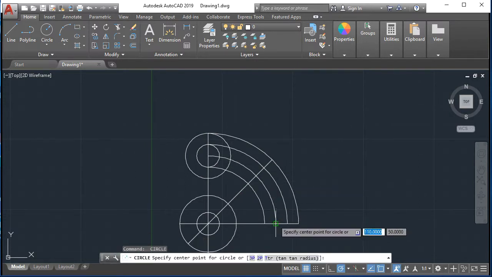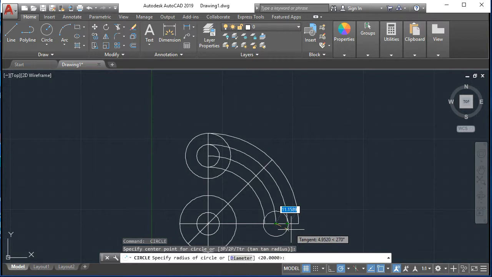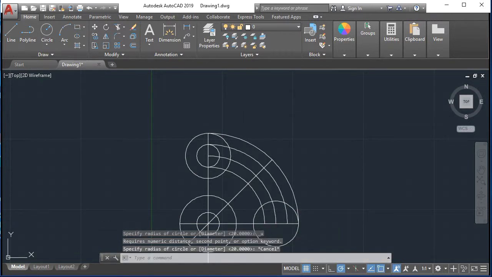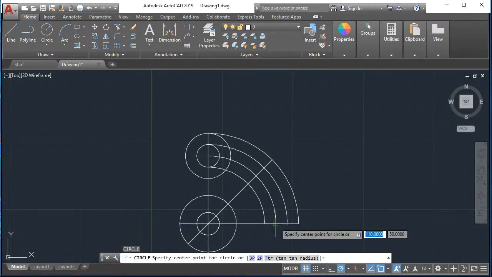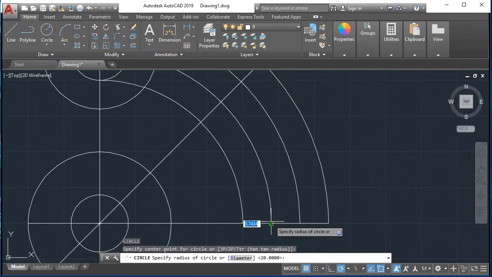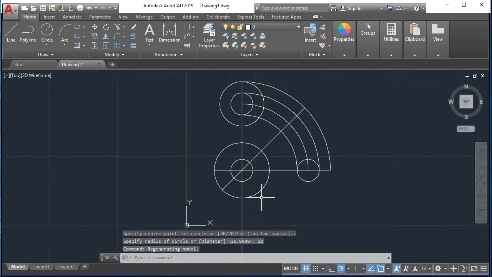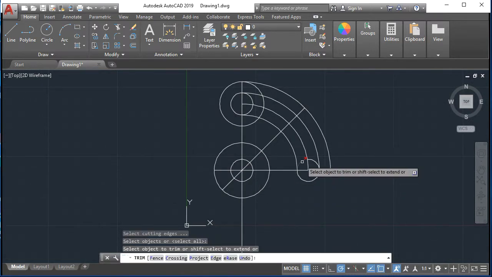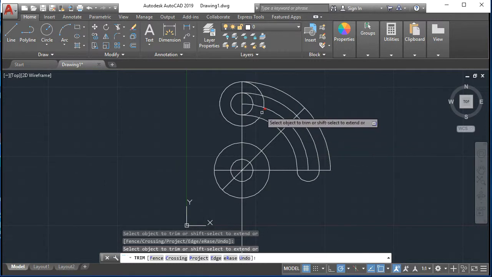Again circle, come here, radius is 20, and one final circle. There is no need for this 20 diameter circle. We need only the 10 diameter circle. So again we are taking the trim tool and removing all the excess portions.